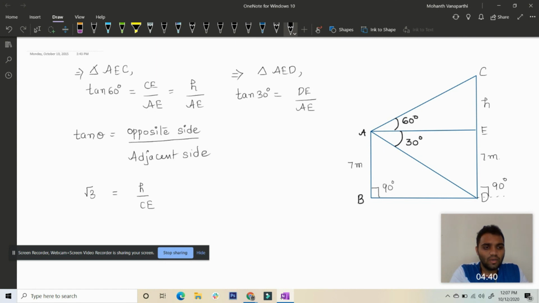From the given data, we know that length of DE is equal to 7 meters and the value of tan 30 is 1 by root 3. Substituting this data in the above expression, we will get 1 by root 3 is equal to 7 divided by AE. So now AE is equal to 7 into root 3.